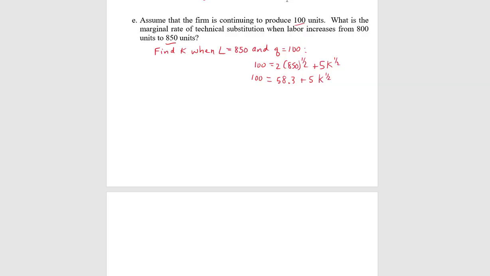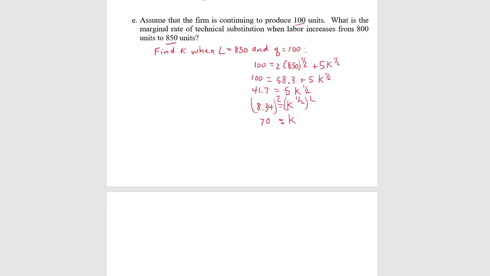I'm going to subtract my 58 across, and I'm going to get 41.7 equals 5 times K to the 1/2. I'll divide both sides by 5, so K to the 1/2 equals just a little over 8. It's actually 8.34. And then I'll square both sides to get rid of the square root. And when I square both sides, I get approximately 70. It's just barely under 70, so this is good enough for what we're trying to do here.